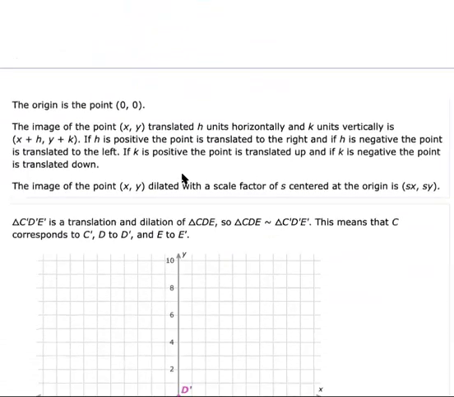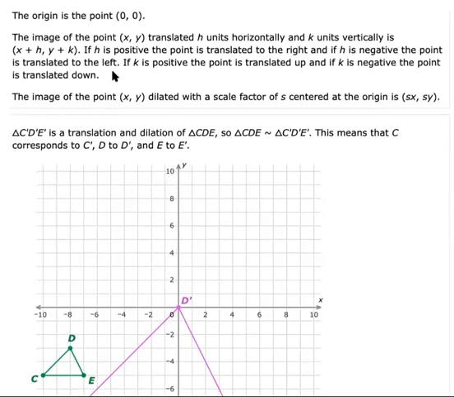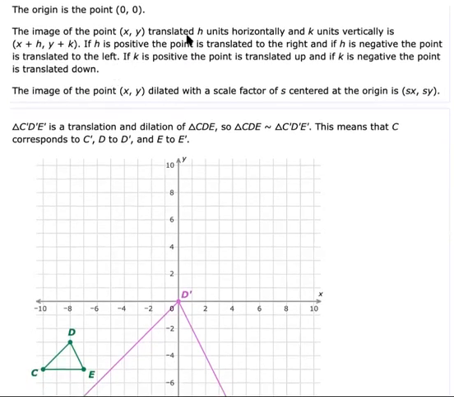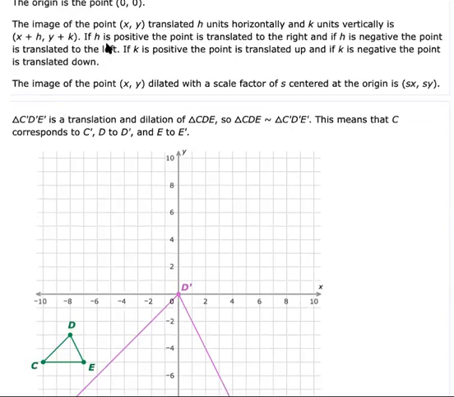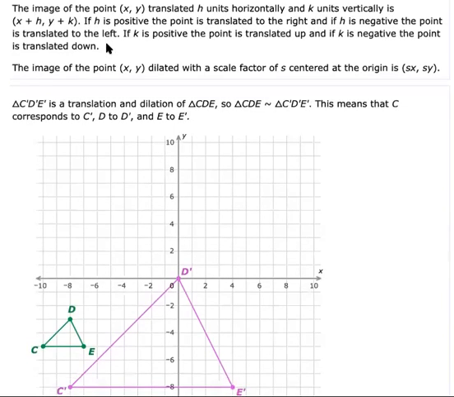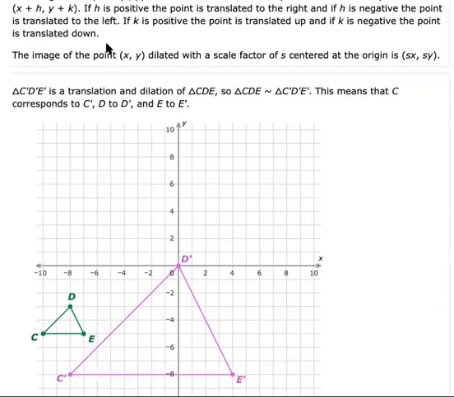All right, so the origin point is 0, 0. The image of point XY translated H units horizontally and K units vertically. So you might see X plus H, and then Y plus K. If H is positive, the point is translated to the right, and if H is negative, the point is translated to the left.